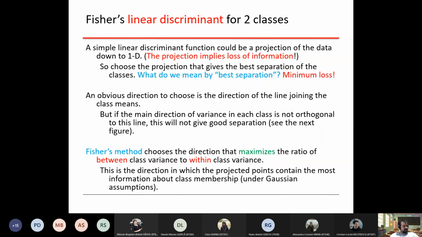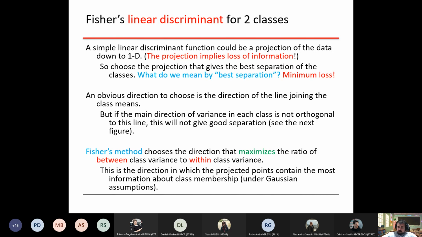Since I presented you a method that doesn't work, let's see another method that works, called Fisher linear discriminant for 2 classes. It starts from the idea that a simple linear discriminant function could be a projection of the data down to 1 dimension.